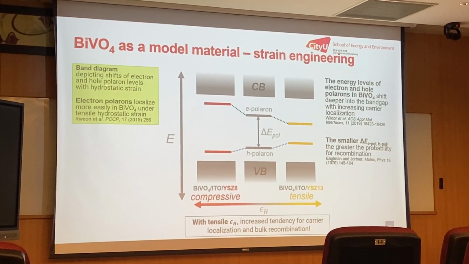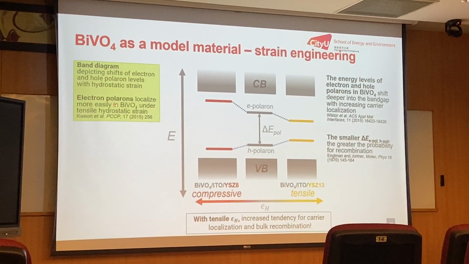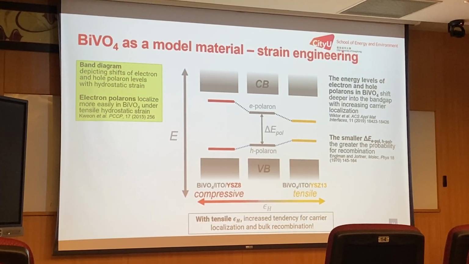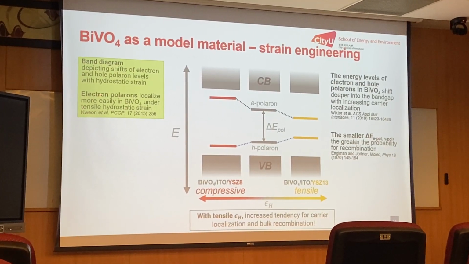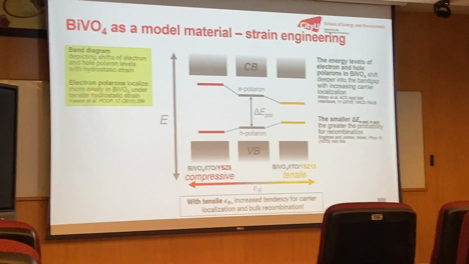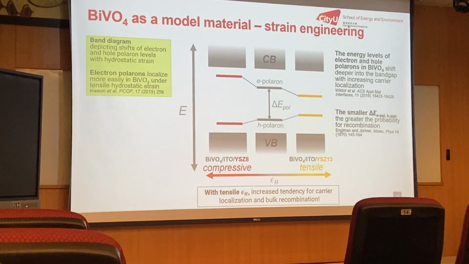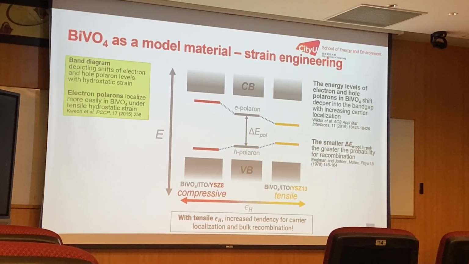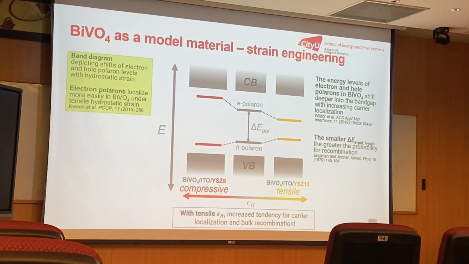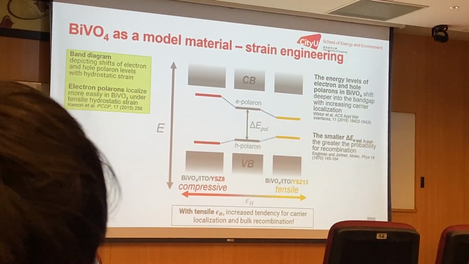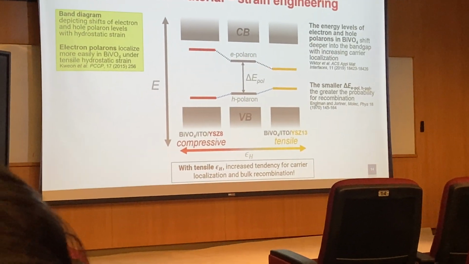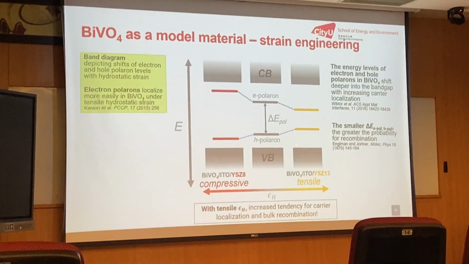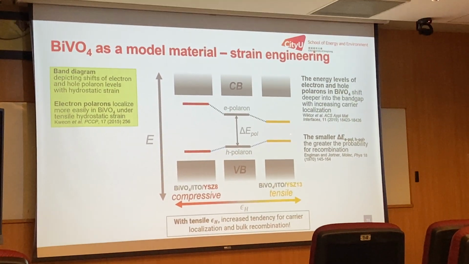So there have been reports saying that the electron polarons, but these are all based on calculations, right? There are DFT studies showing that the electron polarons actually localize more easily when bismuth vanadate is experiencing tensile strain. So we think that if we go to tensile strain, the separation between electron and hole polaron in bismuth vanadate becomes smaller, becomes deeper, and therefore you would see a lower performance, higher recombination.